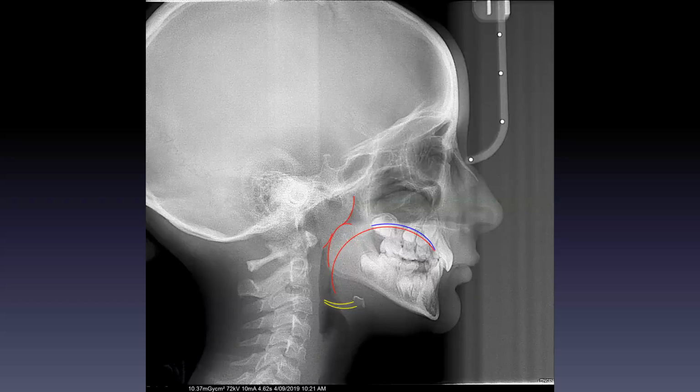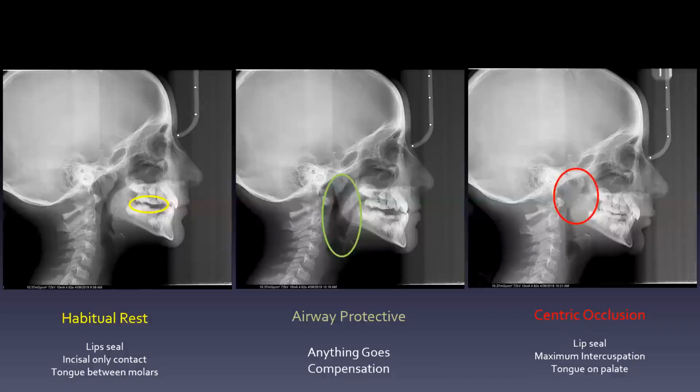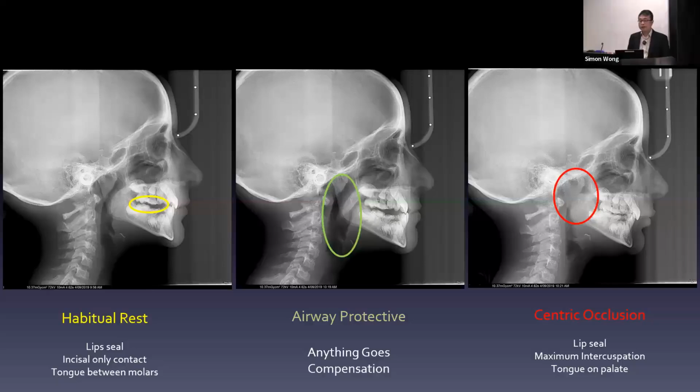We don't work in a vacuum. Habitual rest for most children is lips together, incisors in class 1, molars wedged apart with their tongue. That's called protecting your airway.